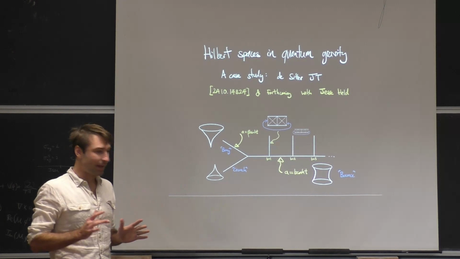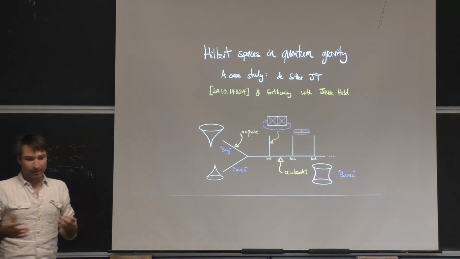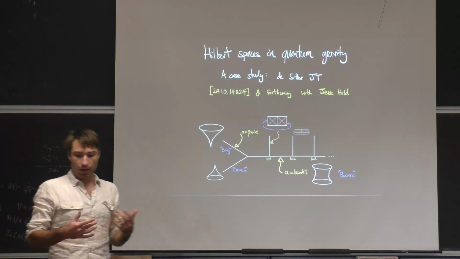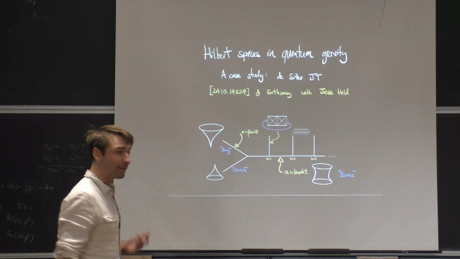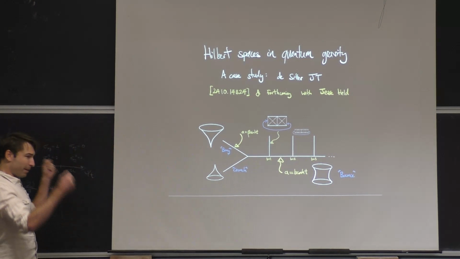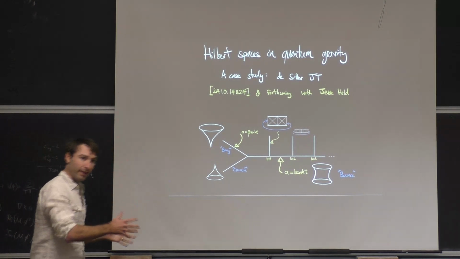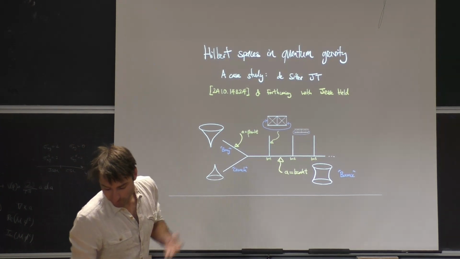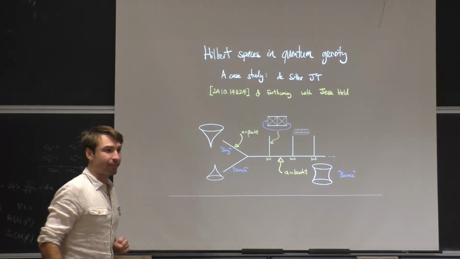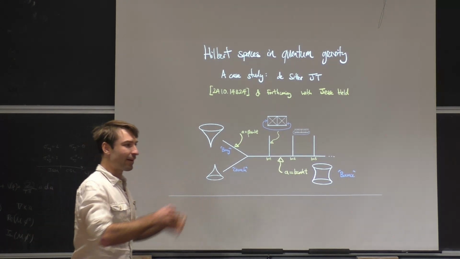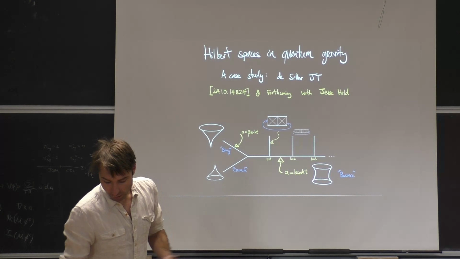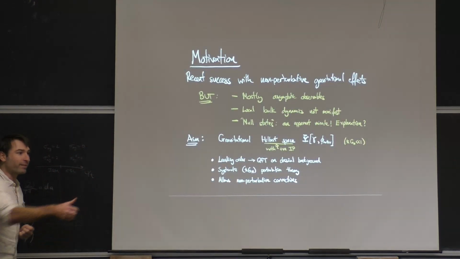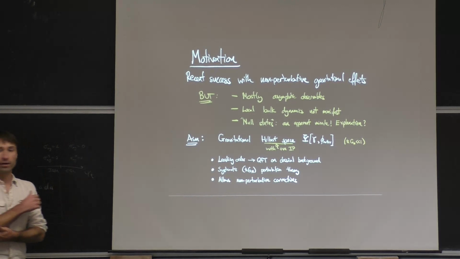But for my purpose today, it will be mostly a very simple example to illustrate some general techniques and ideas in thinking about Hilbert spaces and canonical ideas in quantum gravity that are hopefully more generally applicable. And this is a nice theory to show some of these things very explicitly without getting too lost in some of the technical details.